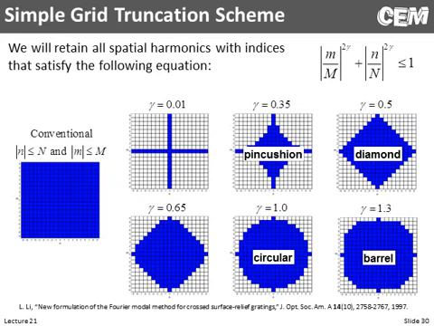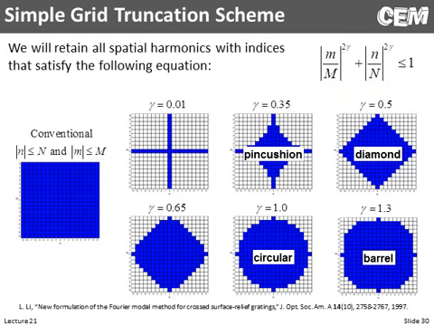So let's look at some different truncation schemes. The simplest is what we've been doing, where we truncate our spatial harmonics to a rectangle, but this is not the only one. So let's think about M and N being the spatial harmonic number, big M and big N being essentially the number of spatial harmonics, and this really is the equation of some kind of crazy circle looking thing.